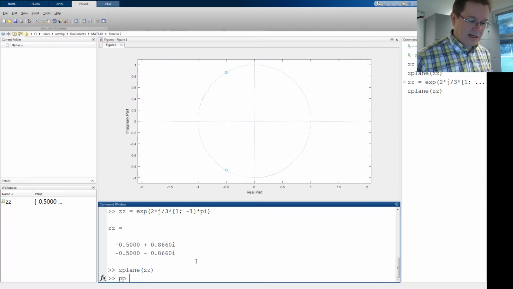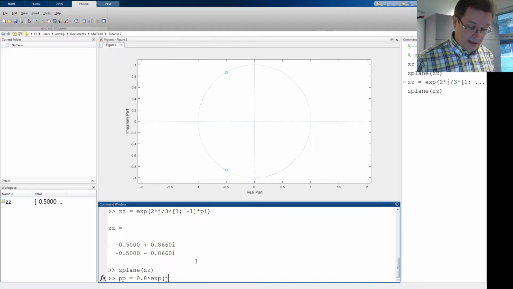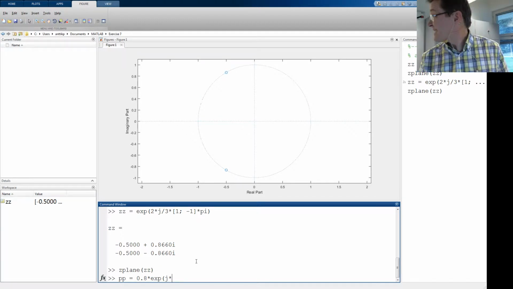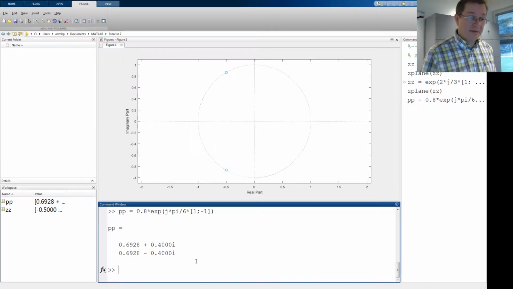Now it would look more or less there. So poles actually are at radius 0.8 times the exponential of j times pi divided by 6 times 1 minus 1. Okay, that's the complex conjugate pair there, and then let's see, z plane, zzpp.